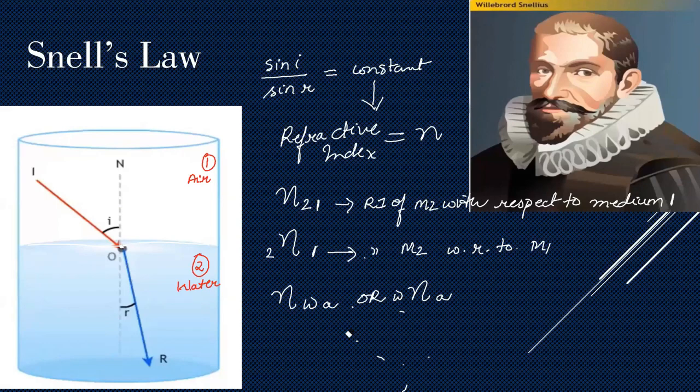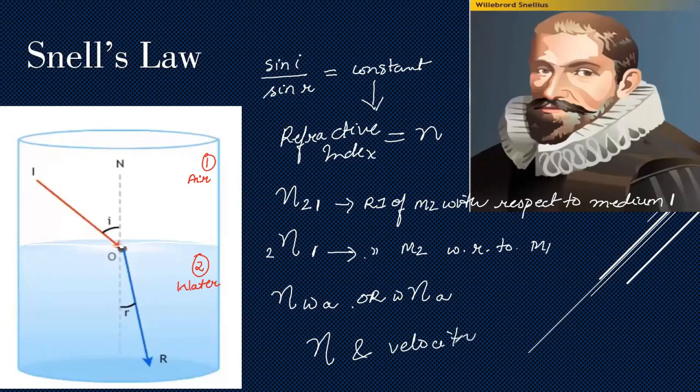Okay, now I'll tell you a relationship between refractive index and velocity. Basically, why is this bending happening? Why is the angle of refraction changing? Because velocity decreases. Why does the velocity decrease? Because optical density is increasing, right? So let us now try to derive a relationship between your refractive index and velocity of light.